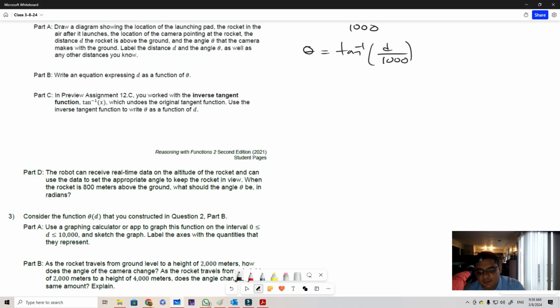So because this 800 meters above the ground is the d, then we can just replace that d by 800, and so we will get tangent to the minus 1 of 800 over 1,000. Using the calculator, we're going to get that this is 0.67 radians.